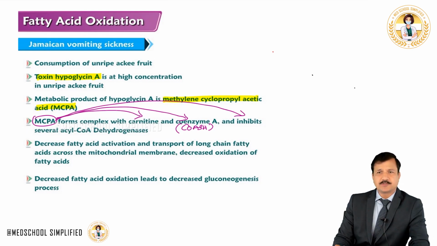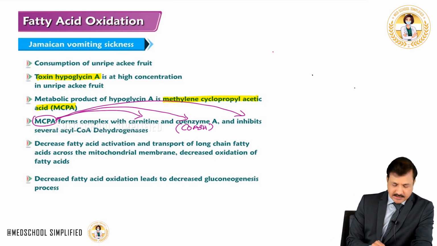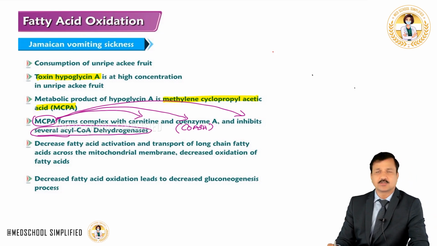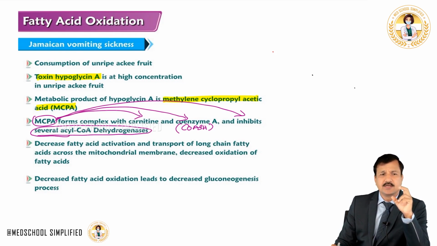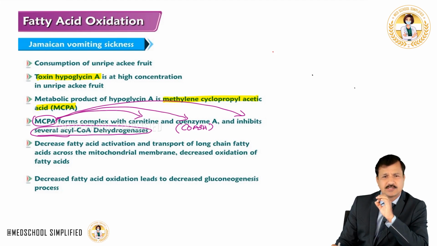Moreover, apart from that, MCPA is going to inhibit several acyl-CoA dehydrogenases also. So there are three effects of MCPA in causation of Jamaican vomiting sickness. MCPA makes a complex with carnitine. It makes a complex with coenzyme A, decreasing their availability, and it also binds with several acyl-CoA dehydrogenases.